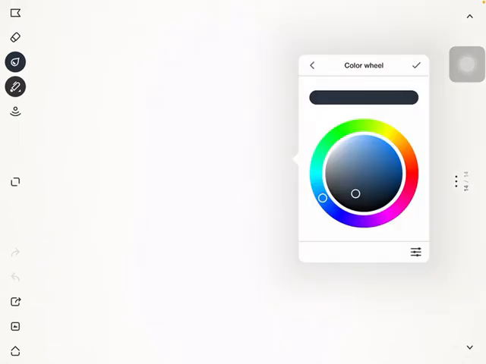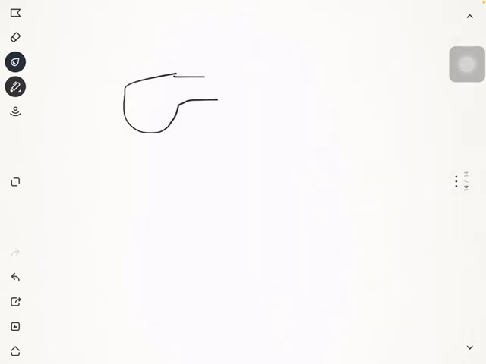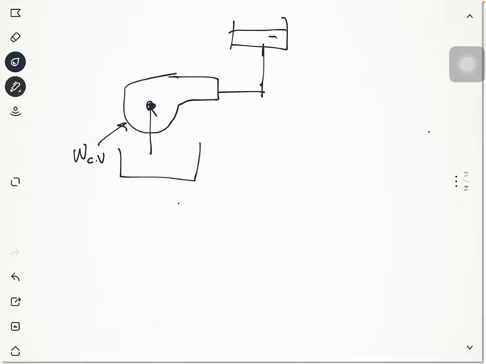So for example, we have here a pump. If I have a pump, it draws water to a reservoir here, and in order to operate the pump, of course, it needs a work input. And we have also here this elevation.